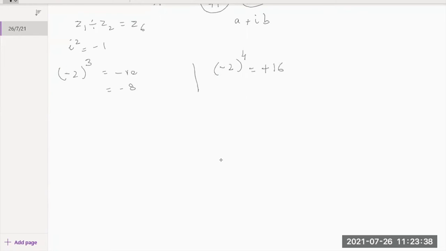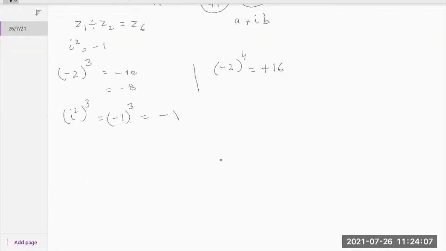Clear? So now, supposing I have i squared to the power of 3, you know that i squared is minus 1. So minus 1 to the power of 3. A negative number raised to an odd power gives you a negative number, so the value of i squared to the power of 3 is minus 1.